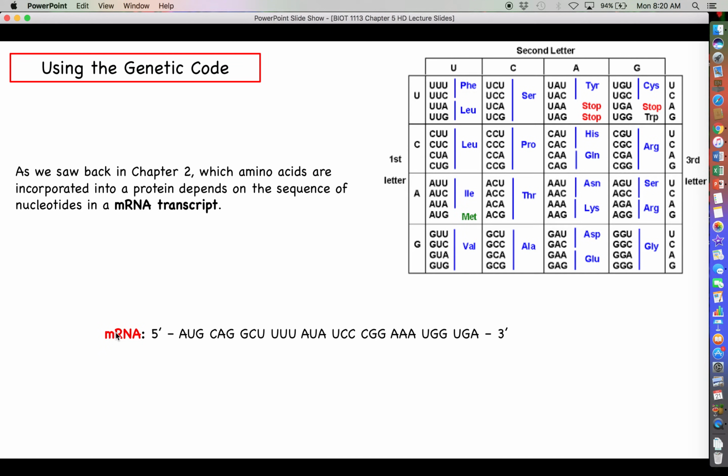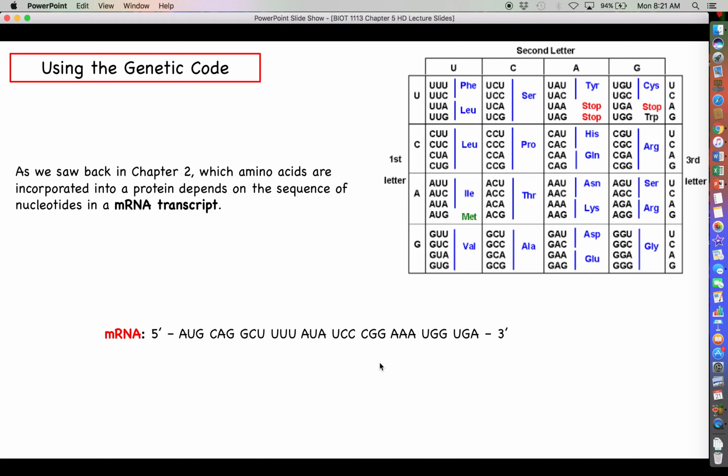So if we look at this mRNA transcript here, read from 5' to 3', AUG, CAG, GCU, and so on, I have them split up into groupings of three nucleotides because that's what a codon is. It's a grouping of three nucleotides.